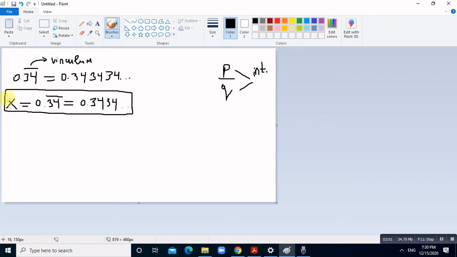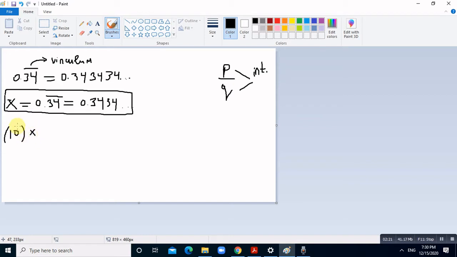Now, what I'm going to do next is multiply my x, or the left-hand side of this equation, by 10 to the power of a positive integer. So let's say we have 10 times x.